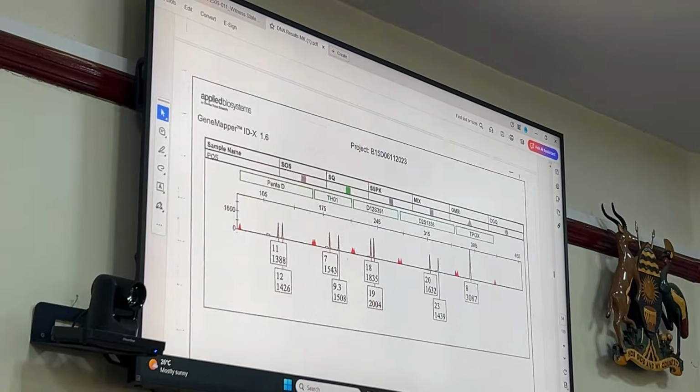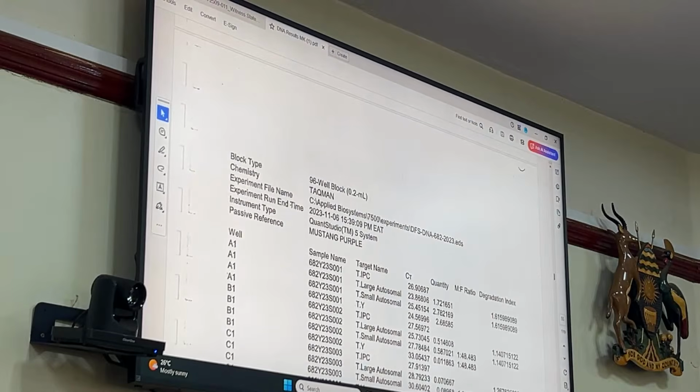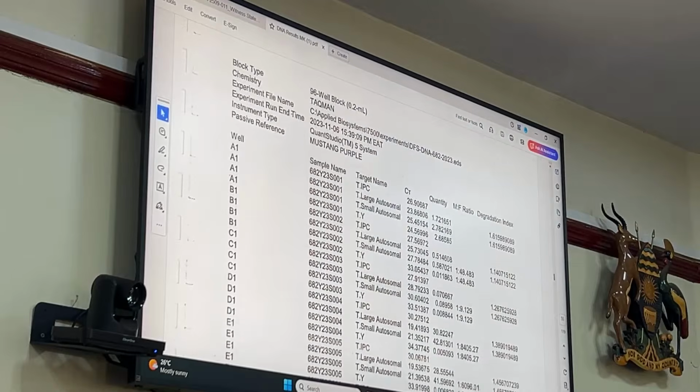So after the batch number, I then looked at the paperwork created during the quantification stage, the measurement of the amount of DNA. And here again, it gives the indication of how the sample number stays with that sample through every single stage of the process.